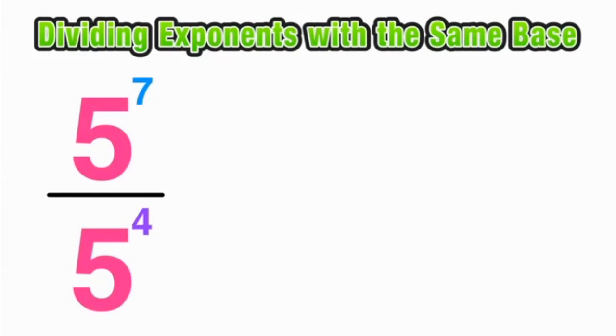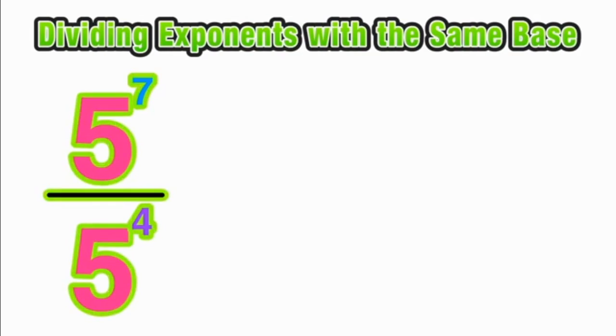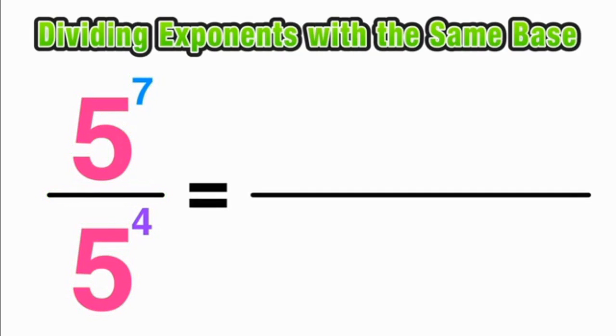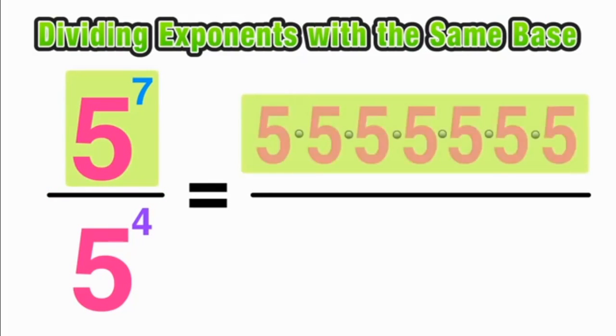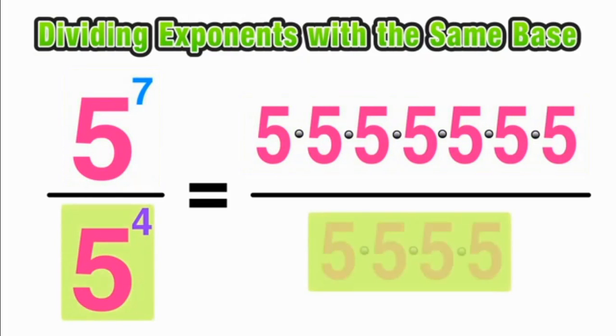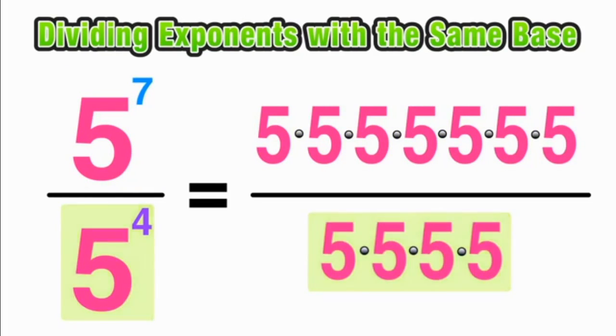Imagine dividing 5 to the 7th power by 5 to the 4th power. Again, they both have the same base of 5. So let's go ahead and expand the numerator and denominator. 5 to the 7th power is 7 5s being multiplied together, and 5 to the 4th power is 4 5s being multiplied together.